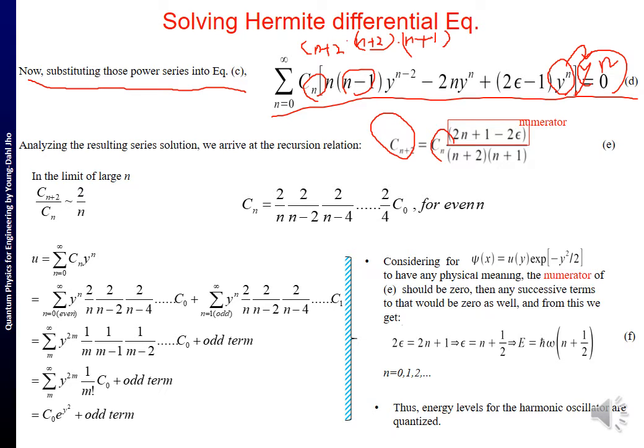If we make it simple in terms of y to the power of n, then you summarize the others, multiply by Cn. Then if this is 0, there should be a relation between Cn and Cn plus 2.